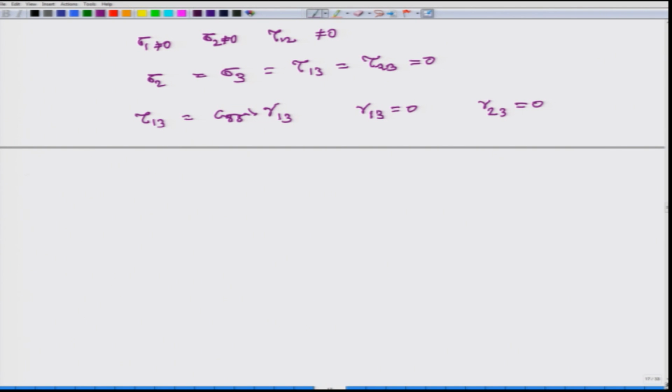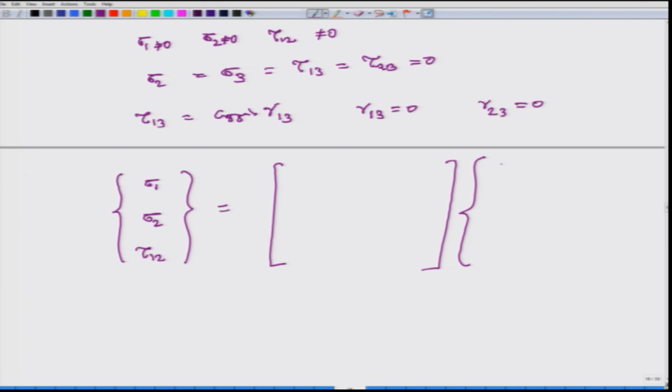So, again if you do all the math in an organized way, essentially what you end up with is sigma 1, sigma 2 and tau 1 2 equals the strain vector epsilon 1, epsilon 2, gamma 1 2 times a stiffness matrix, and this stiffness matrix we will call Q matrix, and I will define what are these values. Okay. So, this is the Q matrix.